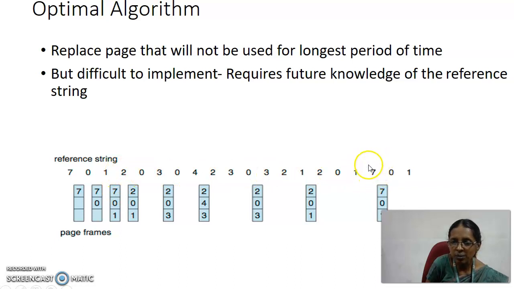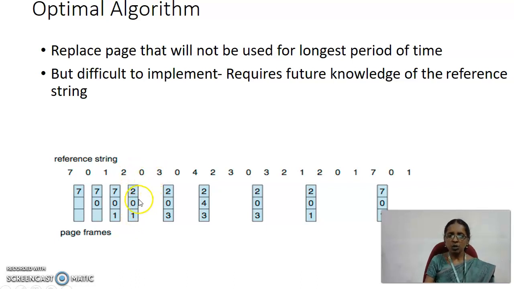For page 0, in the next attempt I will be using page 0. And for 1 I will be using it here. So among these 3, the 7 will not be used for the longest period of time. Until this place, 7 will not be used. So I can replace 7. So 7 can be replaced by 2. Now the frames contain 2, 0, 1.